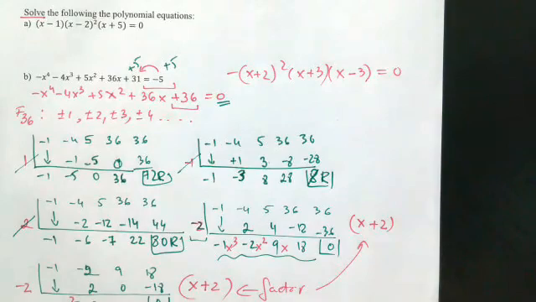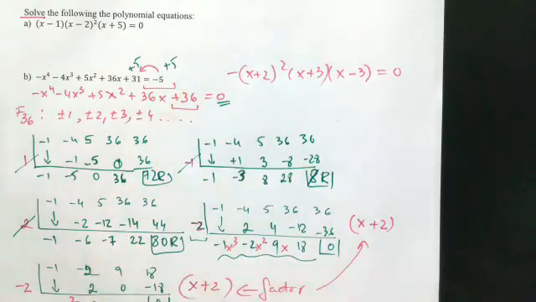To solve the equation, once you have it in factored form? Any ideas? What do we do to get the x's now? Equal them to zero.